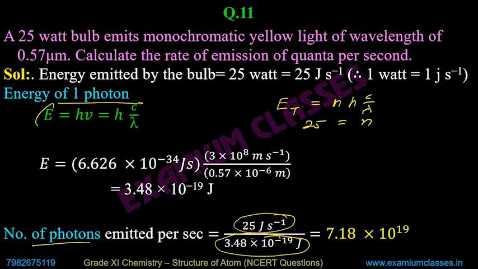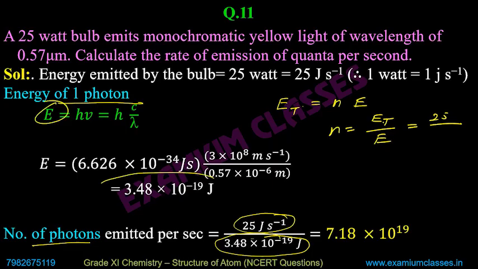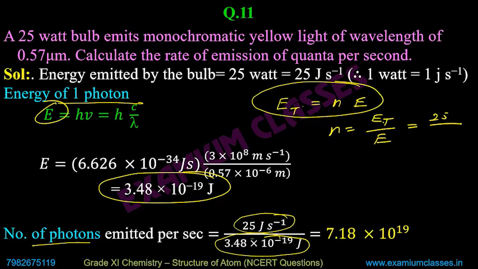So what you get actually, you get N equals to total energy by energy of one photon. h nu is energy of one photon. So it will be actually 25 divided by whatever energy you have obtained here. So whether you use this formula directly or you say energy of one photon and then number of photons, it is same thing. Whichever way you do, you just need to write the steps.